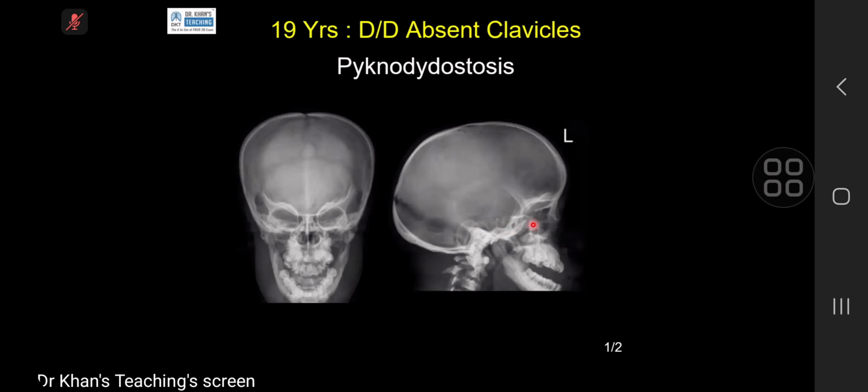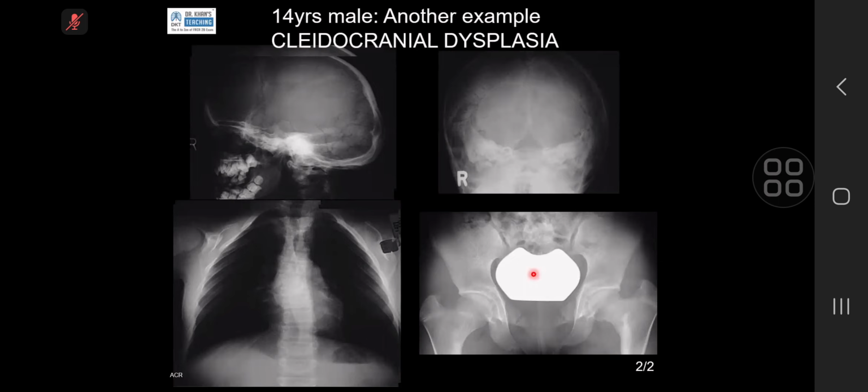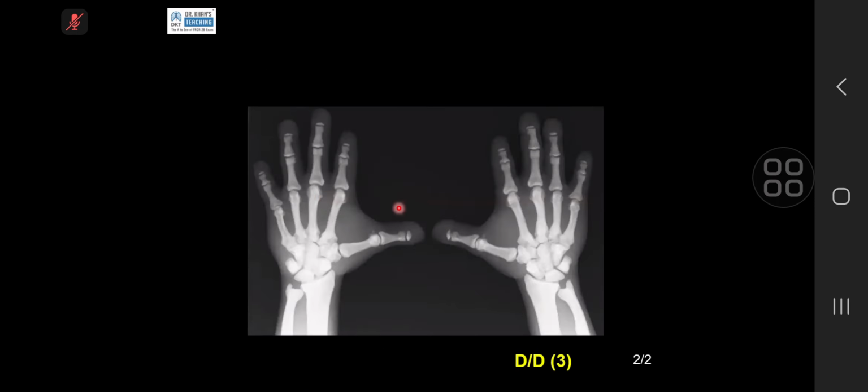And then see that the facial skeleton is small, but look at the mandible. The mandible is small. It has an obtuse angle. So look at the mandible here, compared with cleidocranial dysplasia. And in this particular case, there is acroosteolysis.